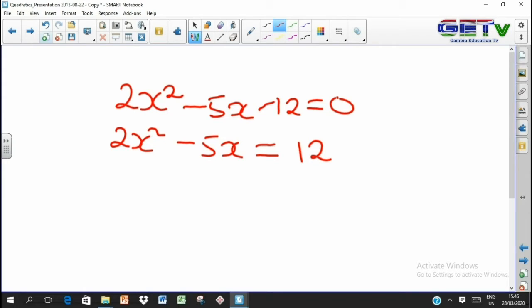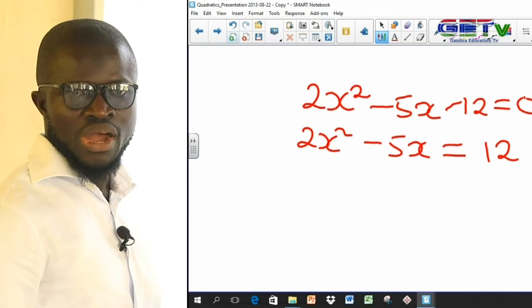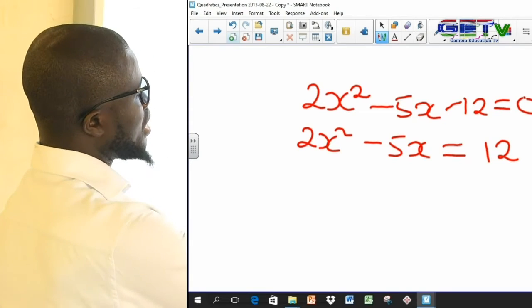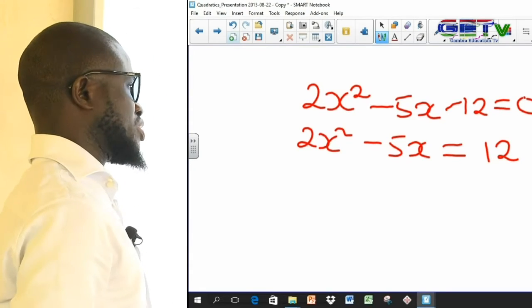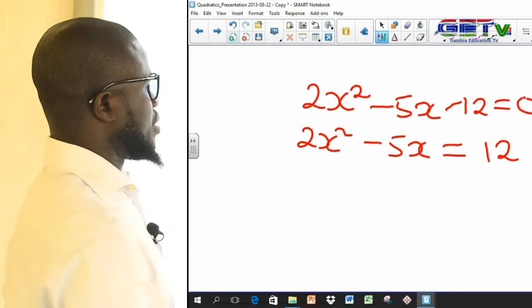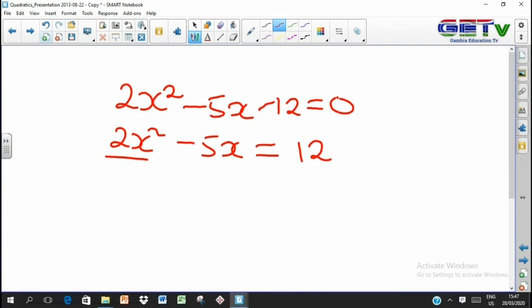The next thing we are going to do is divide all the terms in the equation by 2. Why are we going to divide by 2? The reason is we want to make the coefficient of the quadratic expression, which is x squared, equal to 1. So we divide everything by 2.